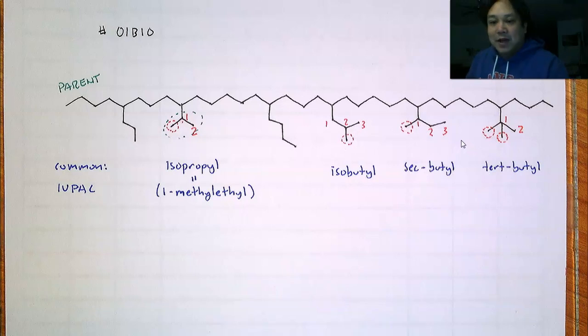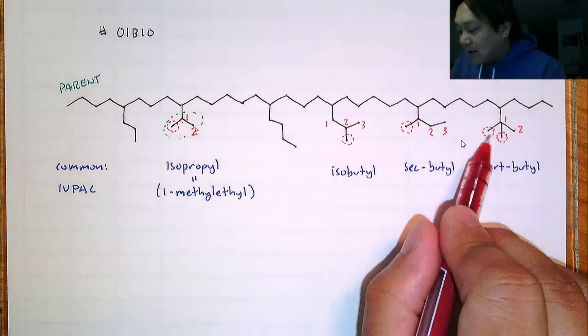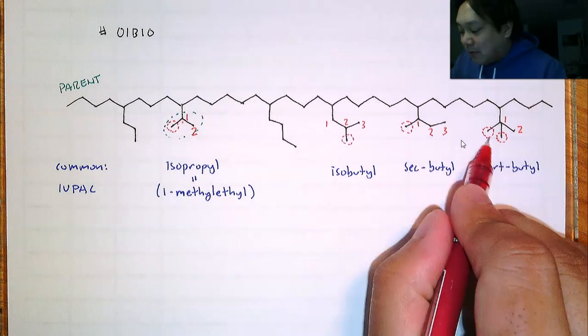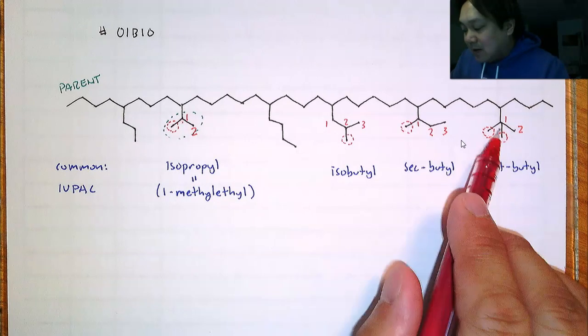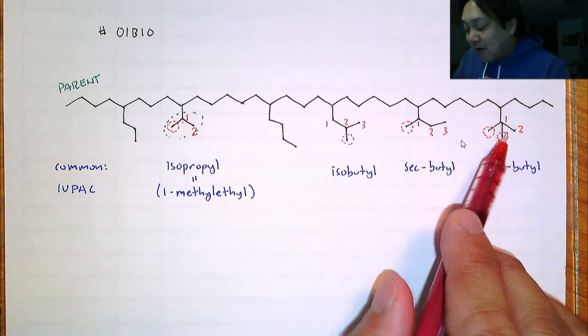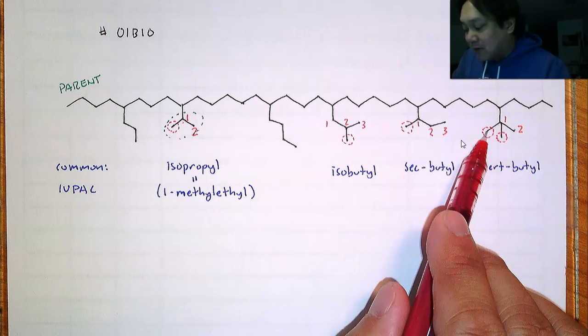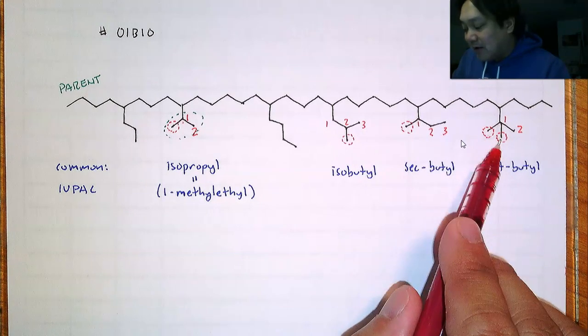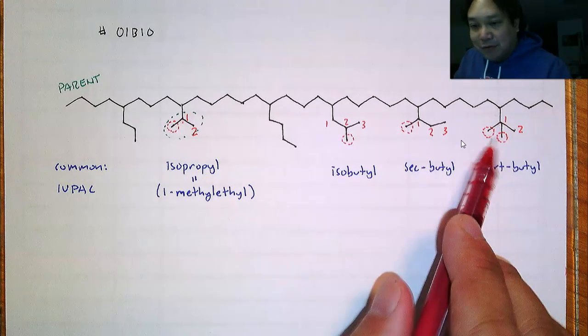What's a common mistake? If you have these two substituents, you might circle both of them. But that doesn't make any sense, because the branching is coming from this carbon right here. We have one branch to the left and one branch down here. It's not an ethyl group. It's two methyl groups.